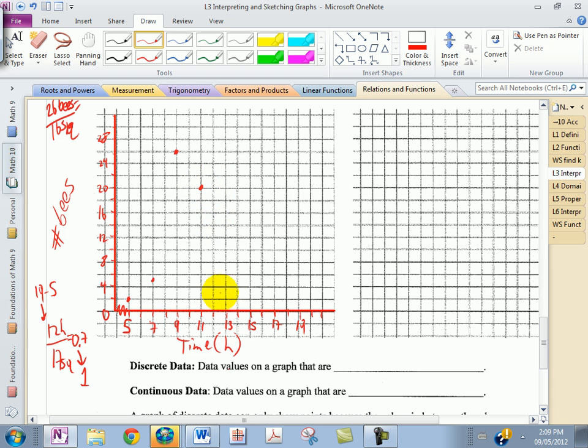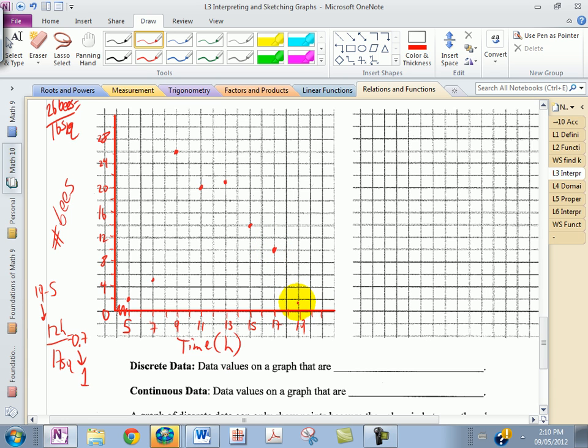At 13, there's 21. At 15, there's 14. At 17, there's 10. And at 19, there's 1.